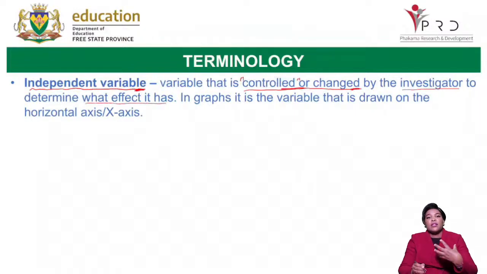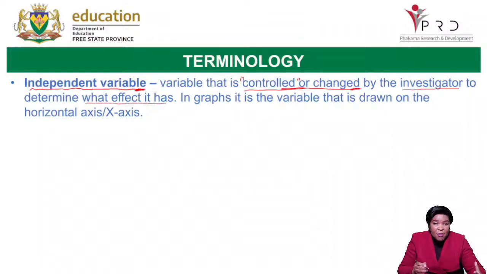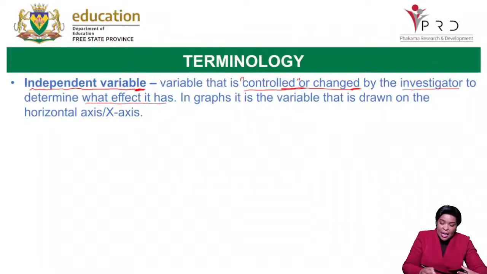They are called variables. So you are going to determine what effect it has. So if you want to determine what effect does light have on the growth of a plant, you will decide, you will control the amount of light, or whether you introduce the light or you don't introduce the light. Then it is you who is controlling that variable, and you are going to check its effect on the plant.